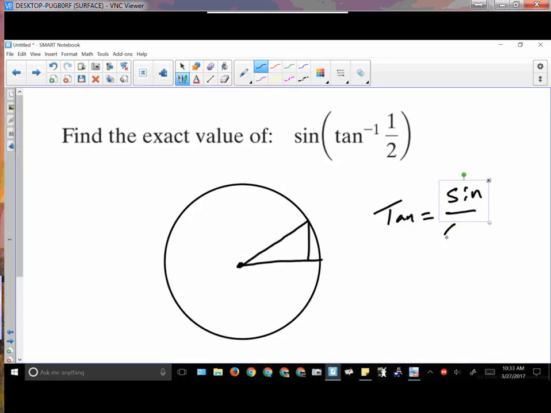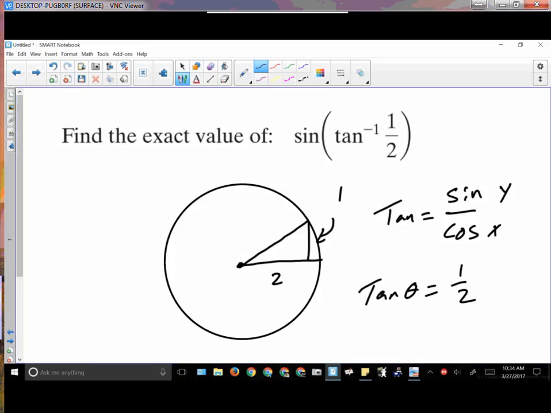Sine over cosine. Which one's x, which one's y? Y is sine, x is cosine. So this means the tangent of some theta is equal to 1/2. That means x is going to be 2. So this is 2, and this is going to be 1, correct?